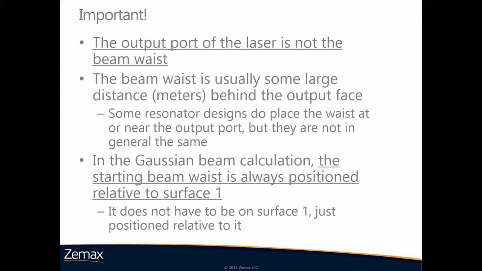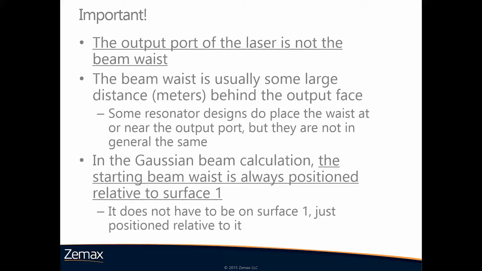Some resonator designs do place the waist at or near the output port, but they're not in general the same thing. For a Fabry-Perot type of laser, like the helium neon tube laser, the beam waist can be meters behind the output face of the laser.